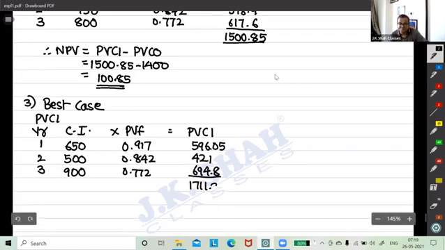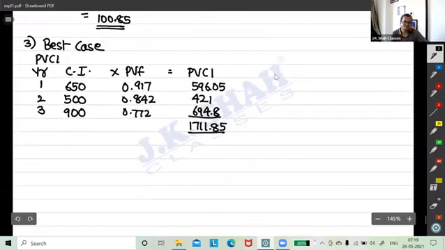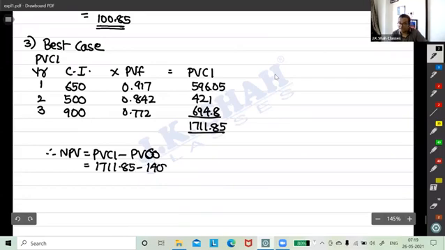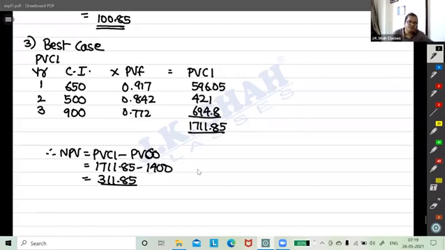Total 1711.85. So NPV is PVCI minus PVCO. 1711.85 minus 1400, correct? So NPV is 311.85. Okay.